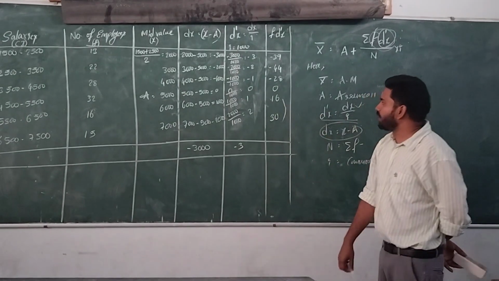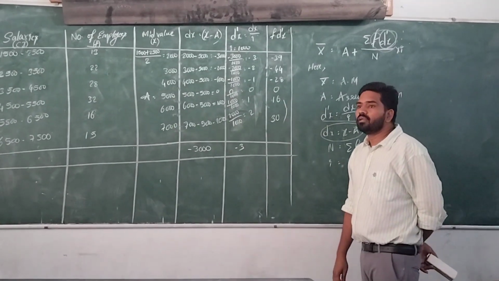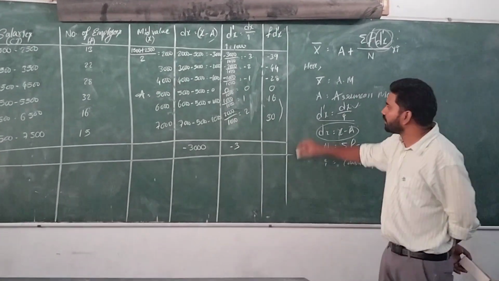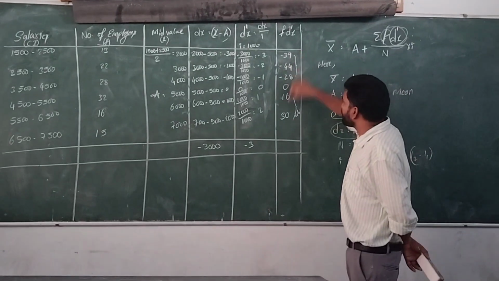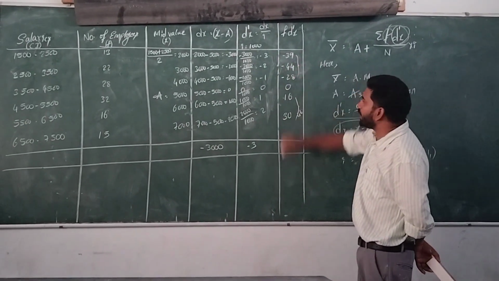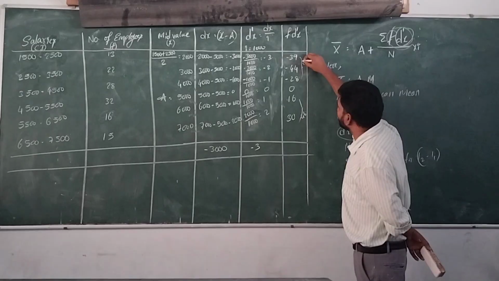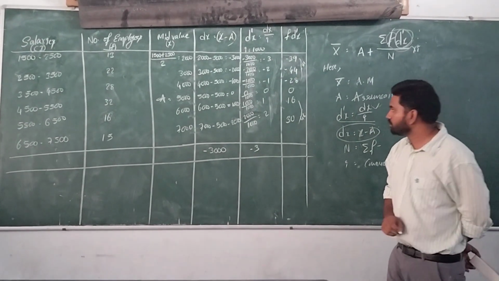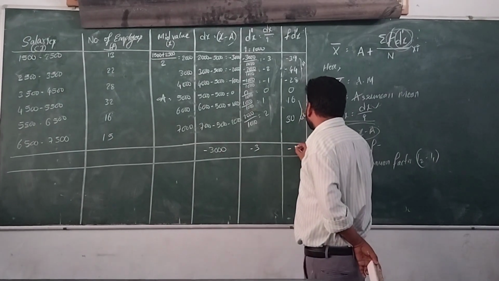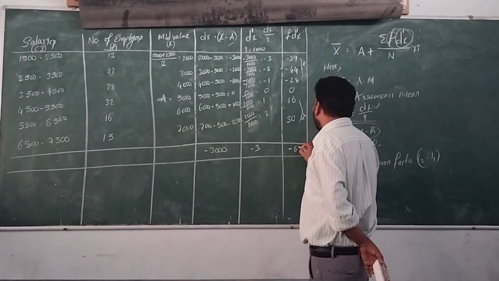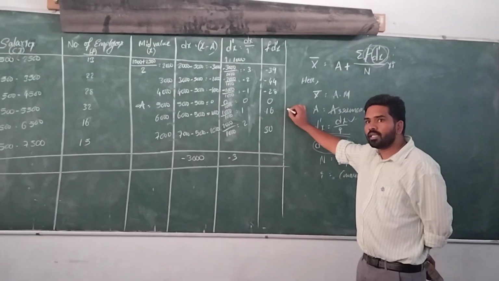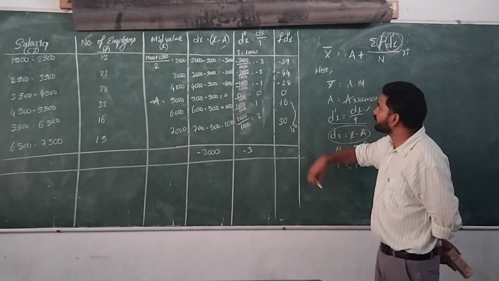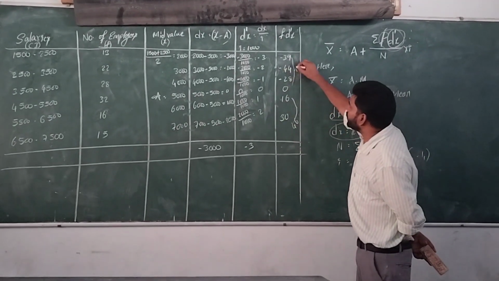Add all positive values: 16 plus 30, 46. What about the negative values? 39 plus 44 plus 28, that is 111. Minus 111. The total positive is 46, the total negative is 111.